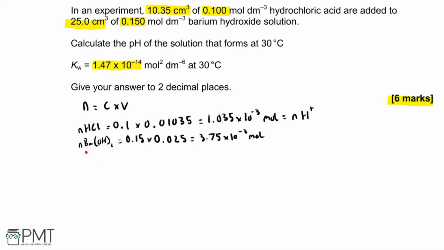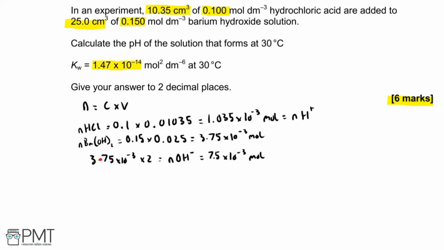However, barium hydroxide does not produce only one hydroxide ion, it produces 2. So we actually need to multiply our 3.75 times 10 to the minus 3 by 2 in order to get the moles of our hydroxide ions. And that is going to get us 7.5 times 10 to the minus 3 moles.